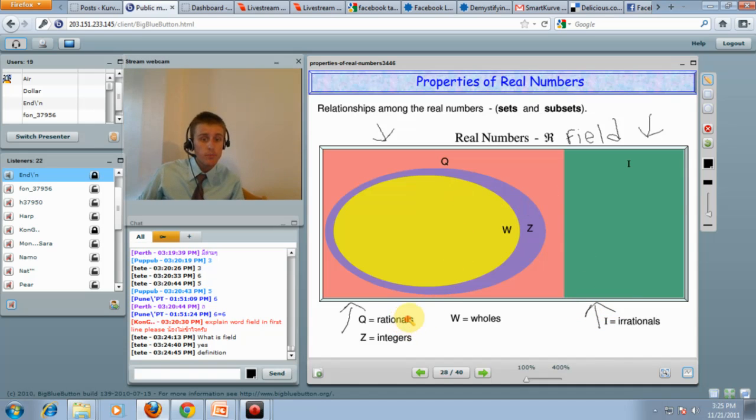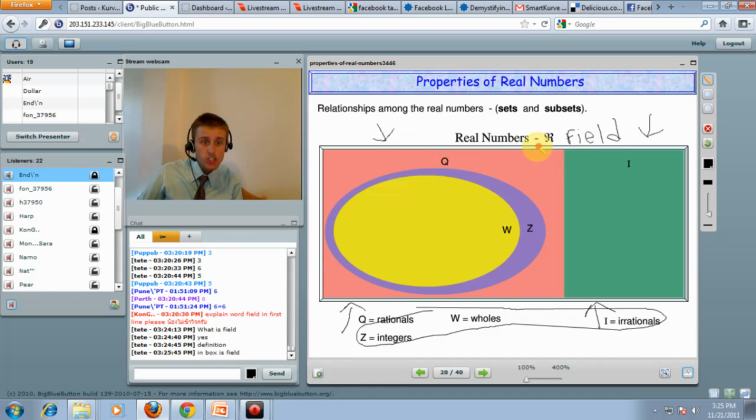So rational numbers, whole numbers, irrational numbers, integers are all in the real numbers field. Real numbers apply to everything within this square. This square can also be called the field. Yes. So everything in the box is part of the real numbers field.